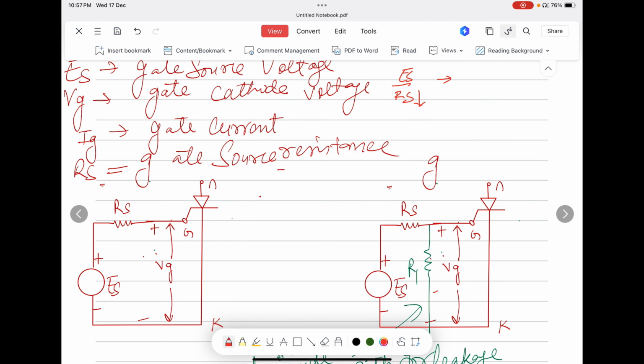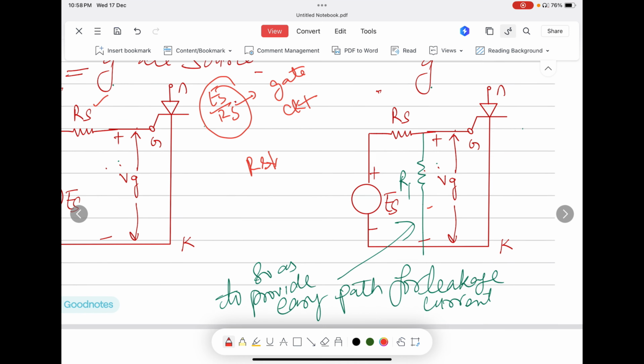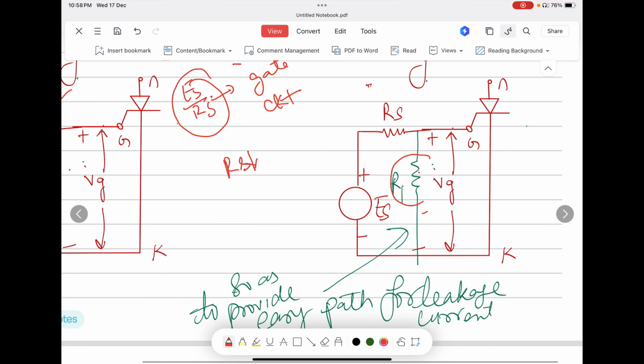The internal resistance RS should be chosen such that ES upon RS is not harmful to the source as well as the gate circuit. So in case of lower values of RS, an external resistance must be connected in parallel. It also provides a path to the leakage current.